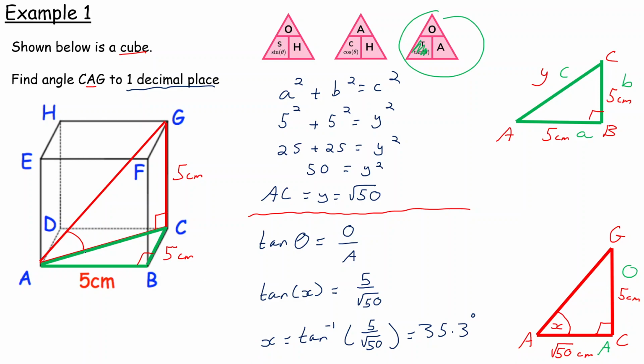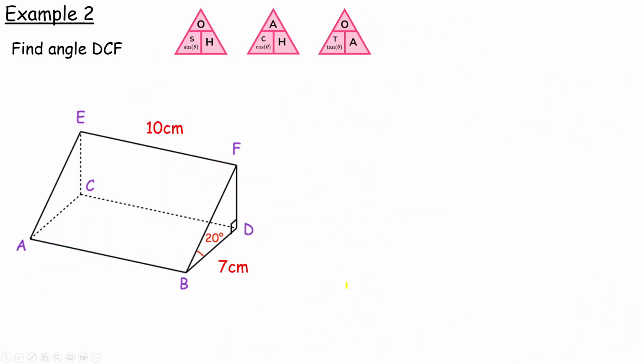Sorry, CAG. It's this one. So there we go. This is angle CAG, and let's highlight this. 35.3 degrees. So I had to use Pythagoras first to find my length AC, to then go and use a bit of trigonometry. Good.